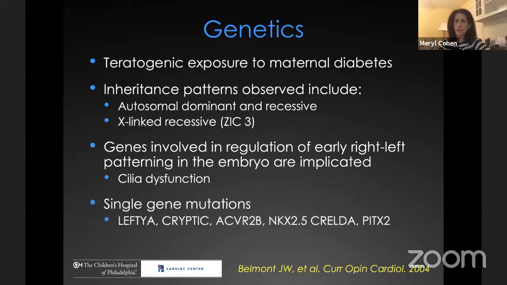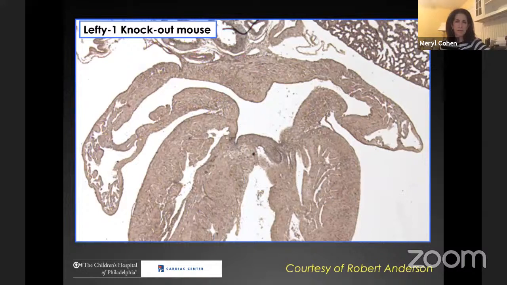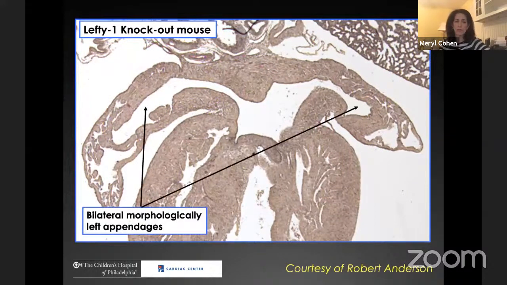Single gene mutations have certainly been implicated, such as the ones listed here. And I borrowed this slide from Professor Anderson to show you a lefty-1 knockout mouse, where you see what looks like bilaterally, morphologically, left atrial appendages.